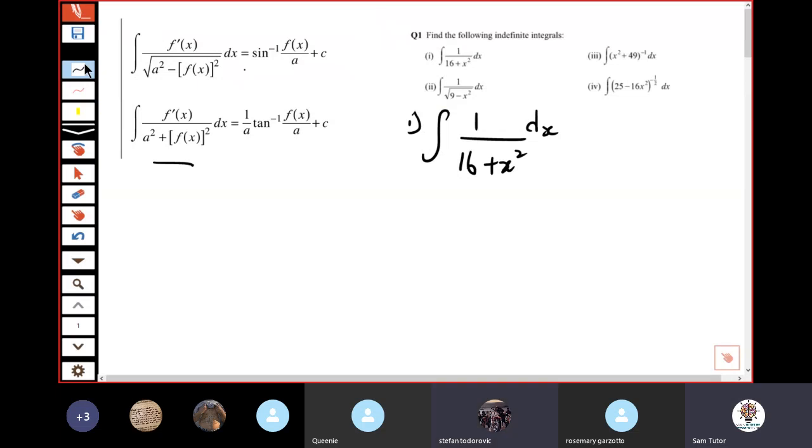We don't. So du, what's the derivative of this? du equals 2e^x. No. Derivative of 1 is? 0. Derivative of e^x is?